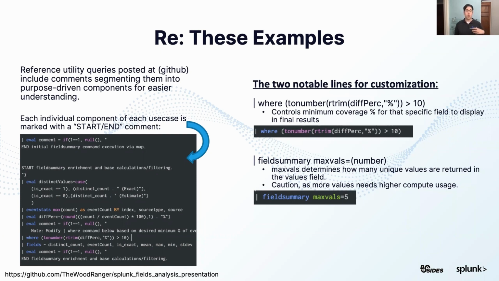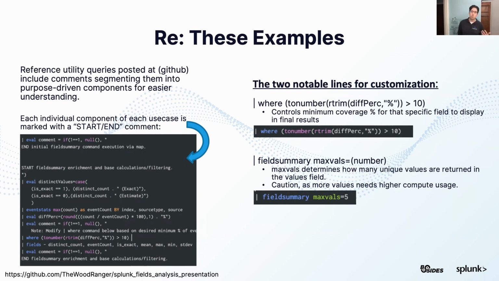Additionally, listed on the right here are two lines of note that I want to call out on their own. The first is the minimum number of events, expressed as a percentage of the total, that a field must be not null to show in our final results. The second is the actual fieldsummary command's arguments.